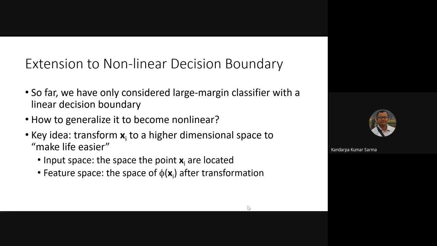The key point here is to transform xi to a higher dimensional space to make things simpler. We have the input space where the points xi are located, and in the feature space we need a transformation by the use of a function phi of xi.